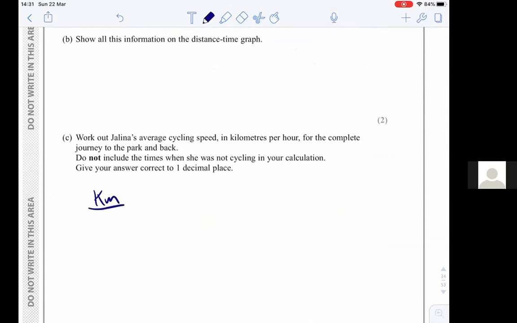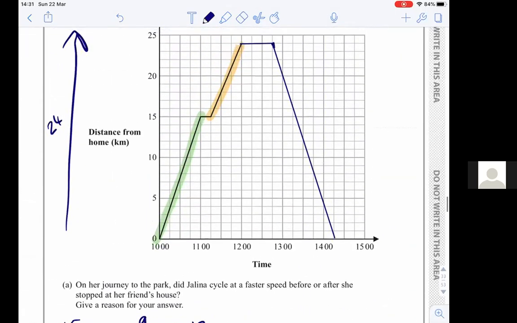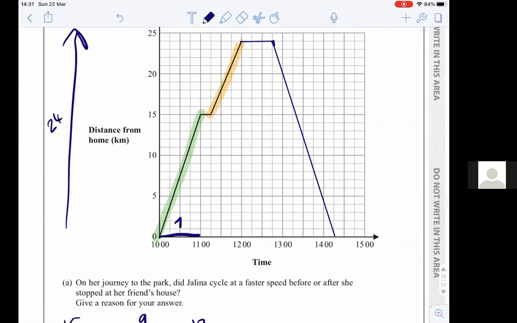Okay, so she has travelled 48 kilometers. And now we need to have a look at how long it's taken her without the stops. So we've got 1 hour here. We have 3/4 of an hour, 0.75 here.